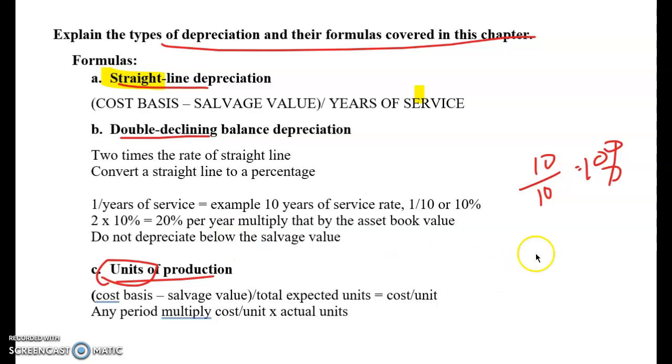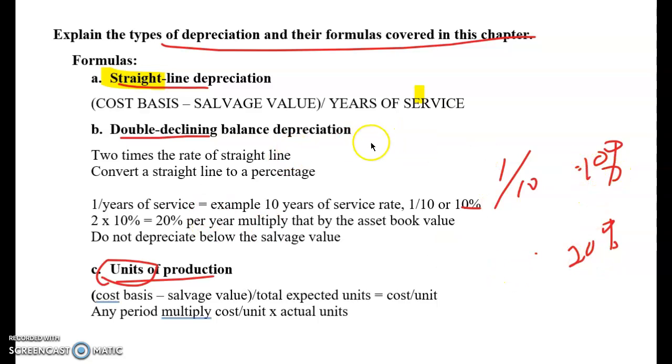And then we would double it, and it would be 20%. So 1 out of 10 is 10%. We double that to 20.